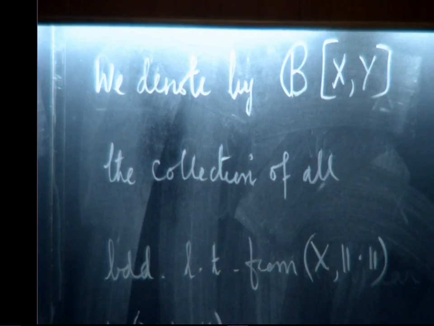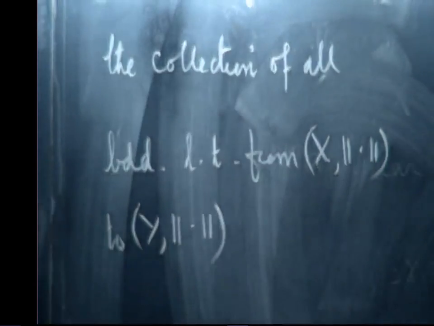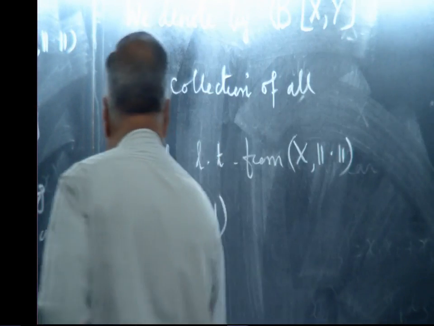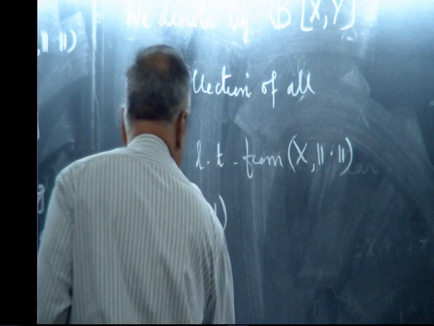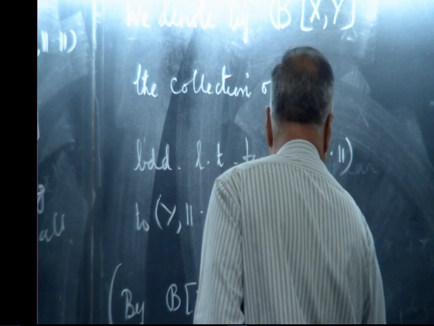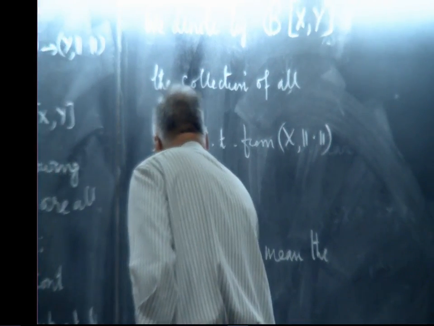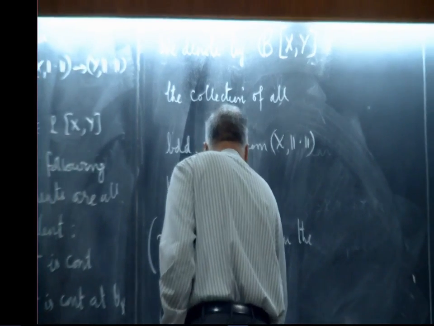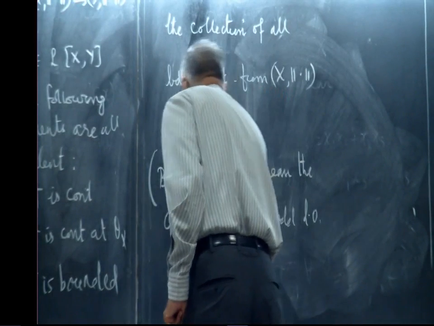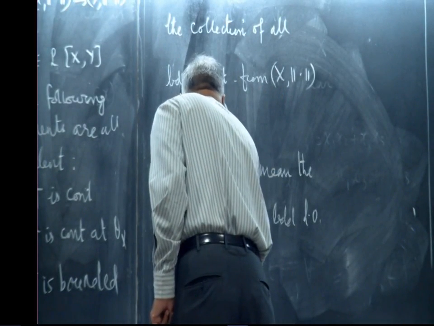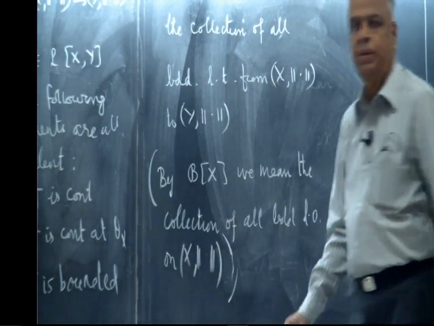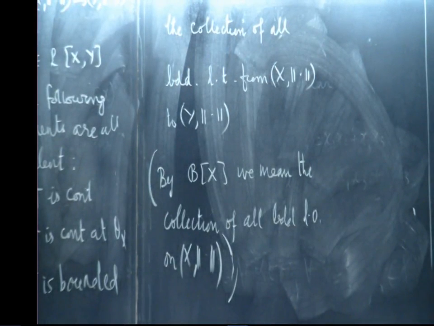In particular, if X equals Y, we get the collection of all bounded linear operators on X. By B(X) we mean the collection of all bounded linear operators on X. That is the special case where the domain and the codomain are the same.